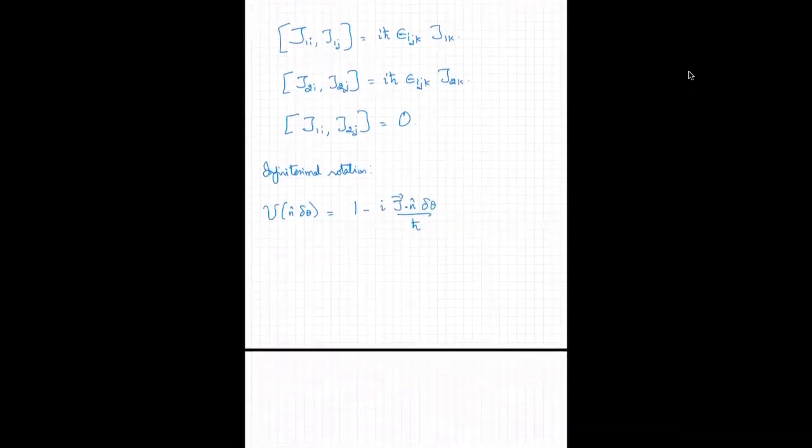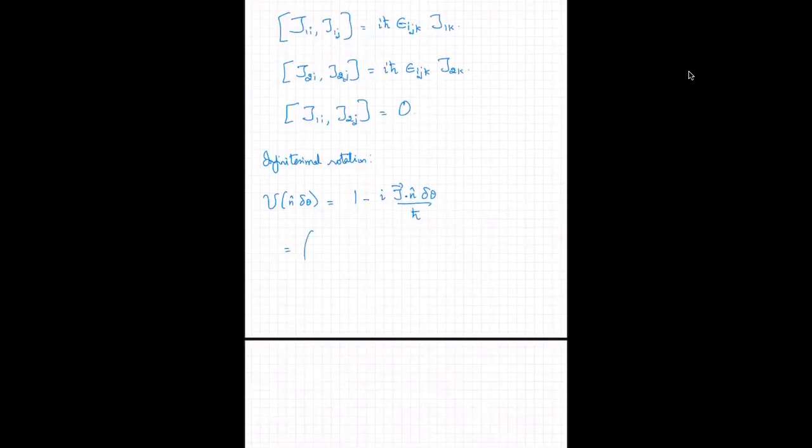And this would be equal to 1 minus i J1 dot n delta theta over h bar, direct product 1 minus i J2 dot n delta theta over h bar.